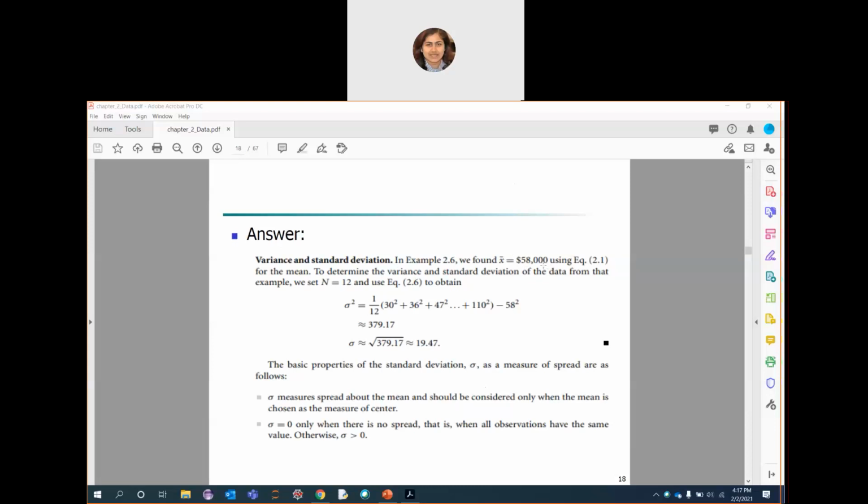So using that, how can you find the variance or the standard deviation? The sigma squared will be the sum of the squares of all the individual salary values, the 12 values that you have, divided by the total number of values, 12, minus the square of the mean value. This is how it is to be calculated. You can also find this example in the book.